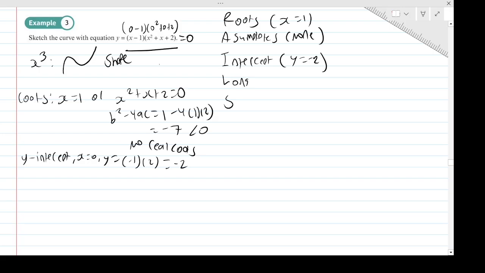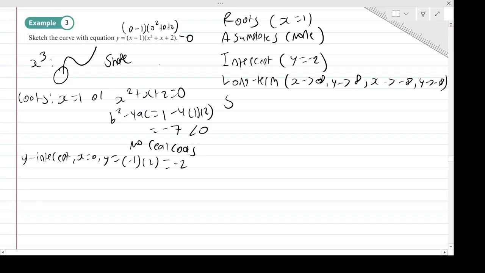And then long-term behaviour, so when x goes to infinity or negative infinity, well, really, if x goes to infinity, y goes to infinity, and we can look at the shape here, right? The shape tells us when x goes to infinity, in the long term, y goes to infinity. And if x then goes to negative infinity as we go to the left, then y goes down to negative infinity as well. So it looks like a cubic, right?